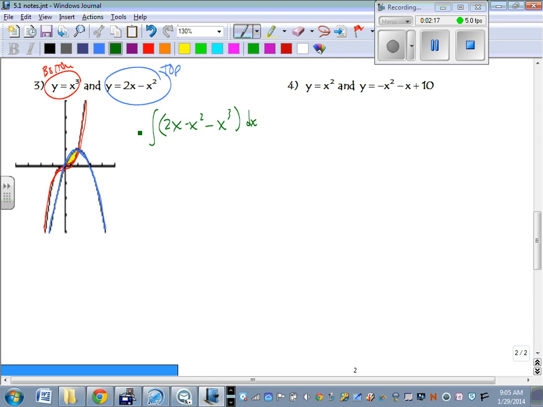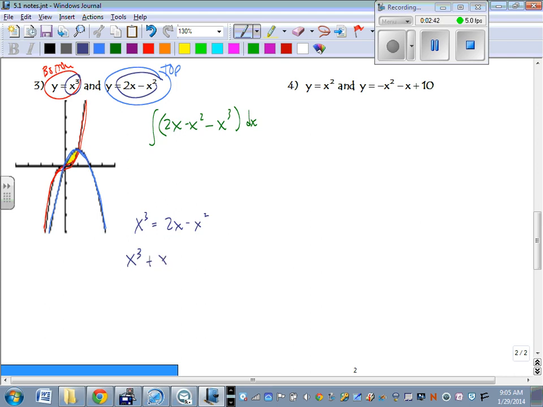But then we have to figure out a and b. Well, again, we can just set these two equal to each other. Right, we want to find where they intersect. So we want to know when is x cubed equal to 2x minus x squared. So in this case, we want to get everything on one side. So I'm going to move it all to the left.